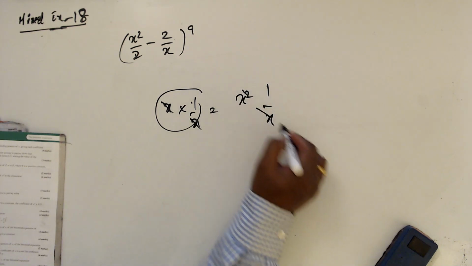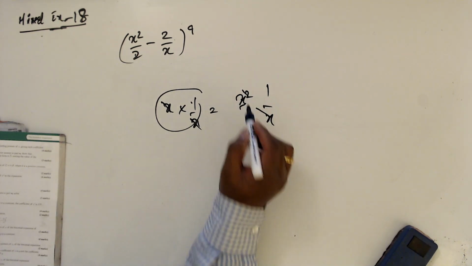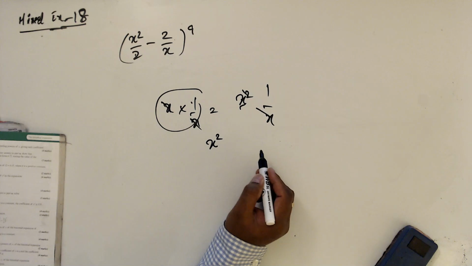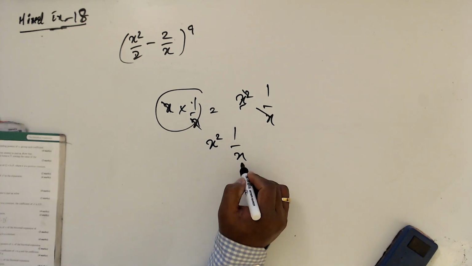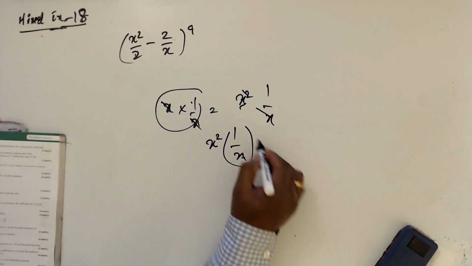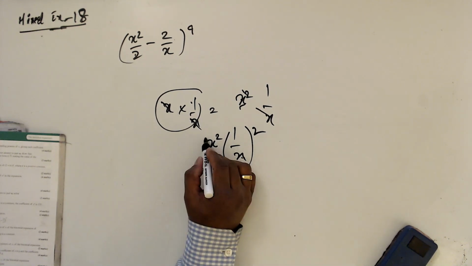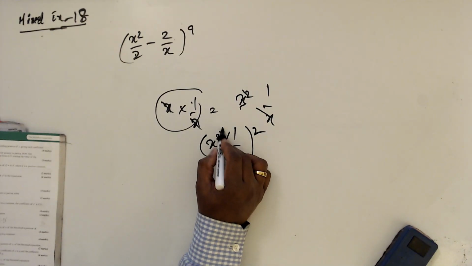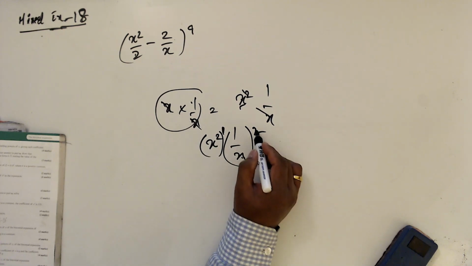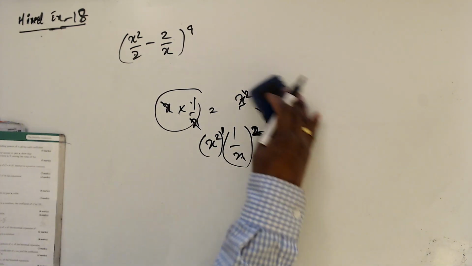So this does not cancel out. X is going to remain. Then this is x square and this has to be also x square. Then I have to square this one. So if I take this one, this has to be power 1 and this has to be power 2.